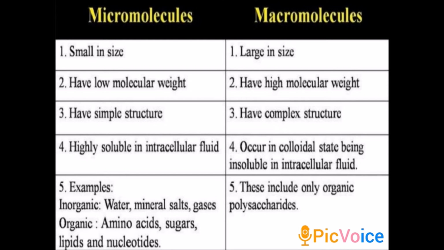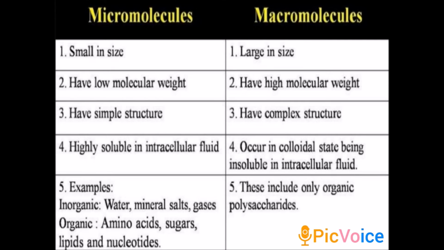So examples of micromolecules are inorganic molecules: water, mineral salts and gases. Organic ones are amino acids, sugars, lipids and nucleotides. So I have explained what each of them is. Amino acids make up protein, sugars are carbohydrates, lipids are fats and nucleotides are present in RNA and DNA.